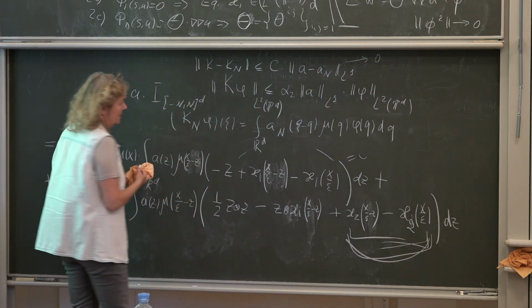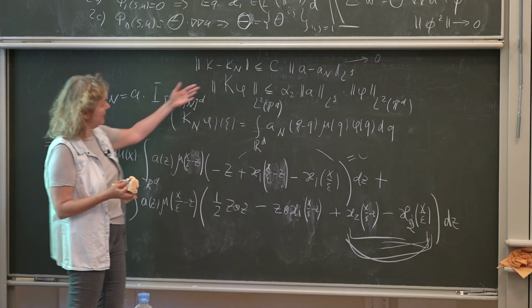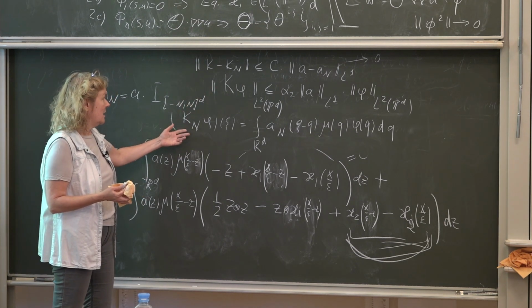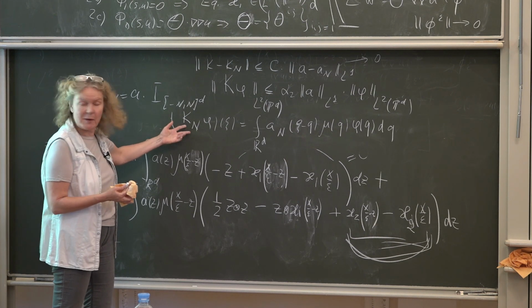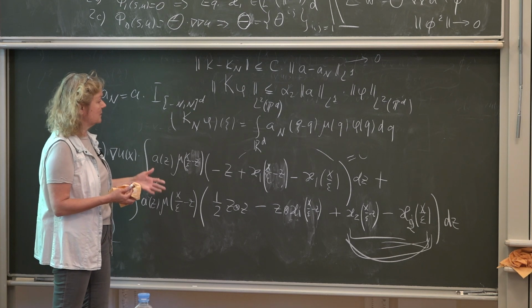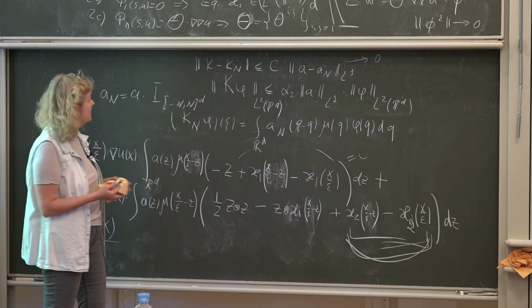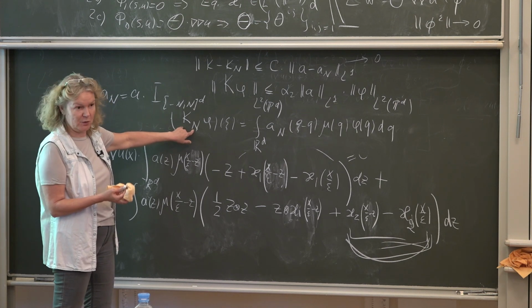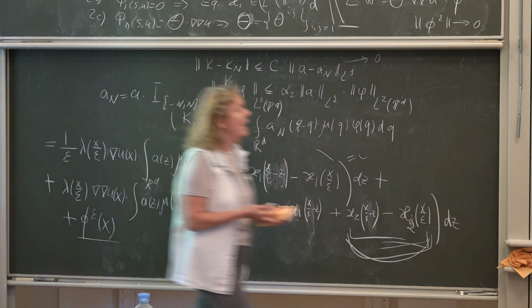So we have the result that operator K is a limit of compact operators. So we have convergence in norm for these operators. And the limit, of course, is a compact operator. It is a very important statement for us.